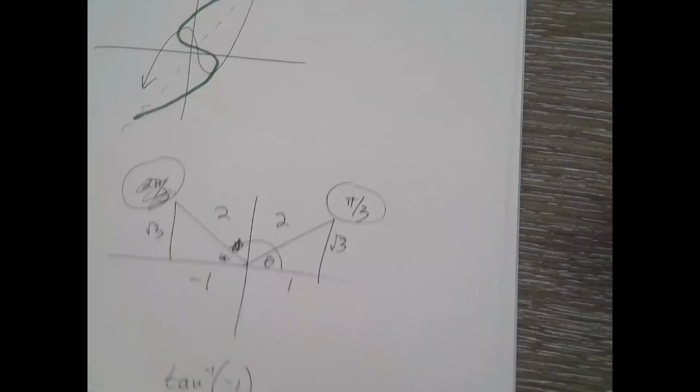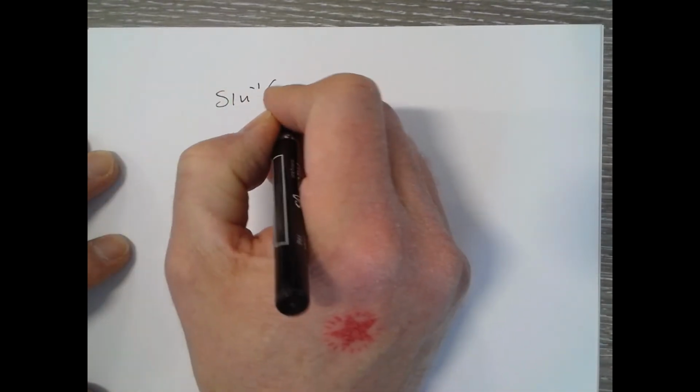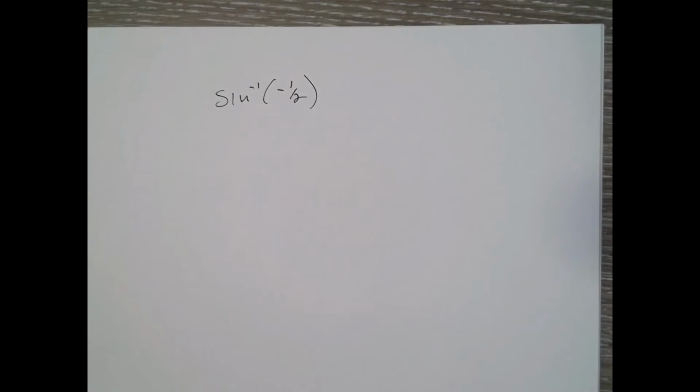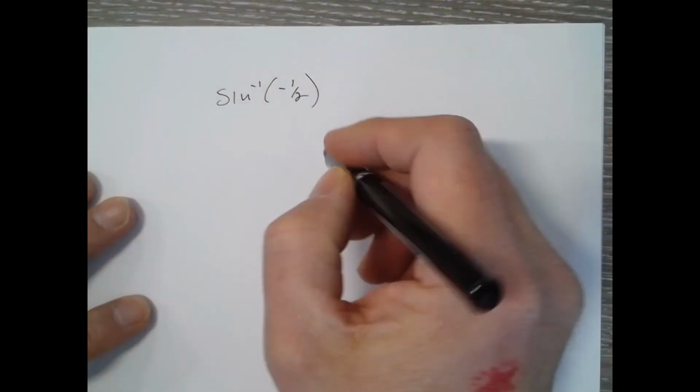Alright, I'll have you try one. Figure out what is the inverse sine of negative 1/2. Give that a shot. What quadrant are we in? Quadrant 4, very good. So inverse sine of negative 1/2.